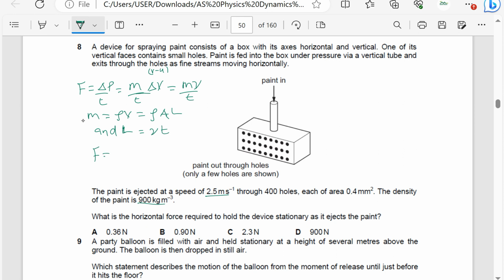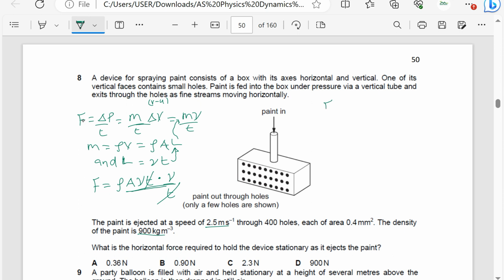So the force is going to be equal to the mass, which is density times cross-sectional area times L, where I put v times t, then times v over t. I substitute this into that equation for m, and I substitute for L with vt. So I remain with v over t times v divided by t. So one t cancels out, and v becomes squared.